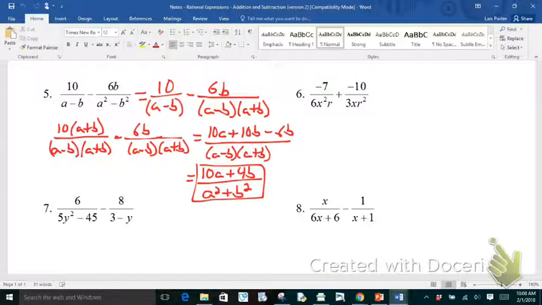Problem 6. Again, this is one where we get back to the basics, and we're looking at the denominator here, and these two denominators have to be the same in order for us to add them together. Notice on the left we have a 6, and on the right we have a 3, so their least common multiple would be 6. On the left we have x squared, and on the right we only have an x, so I'm going to add things that we need to multiply by as we go.